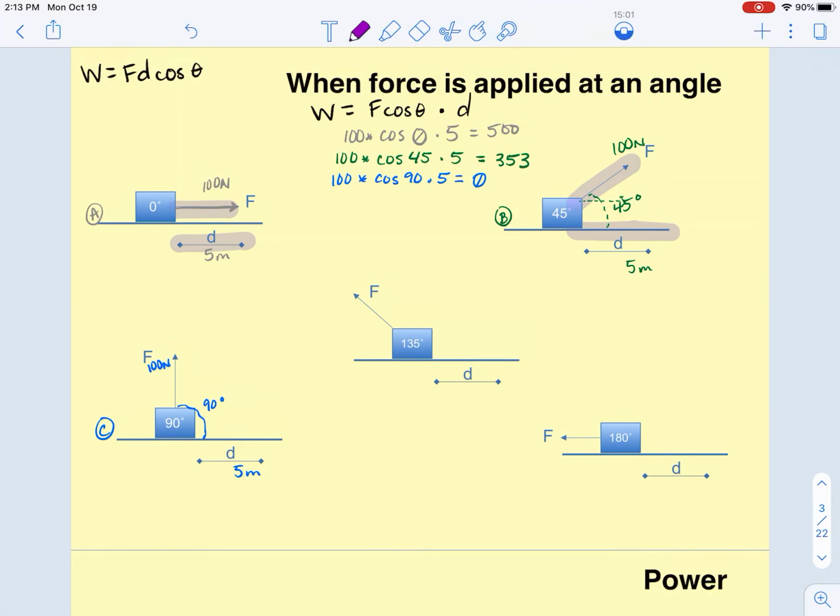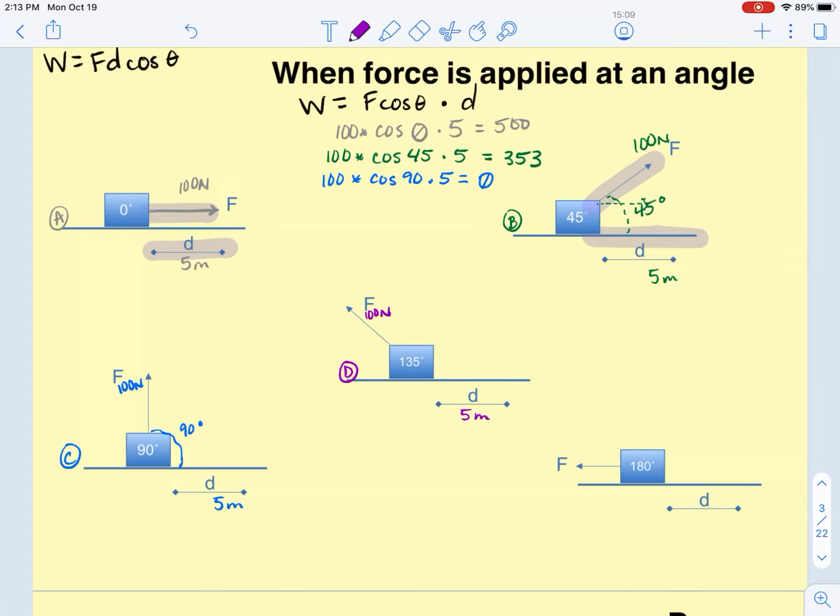If we look at this image here, I have a force of 100 newtons that's being applied. The box is still experiencing a displacement of 5 meters. This would be a situation perhaps in real life where we have an object that's already in motion to the right and we're trying to bring it to a stop. We are pulling on it, we are slowing it down, perhaps eventually bringing it to a complete stop.